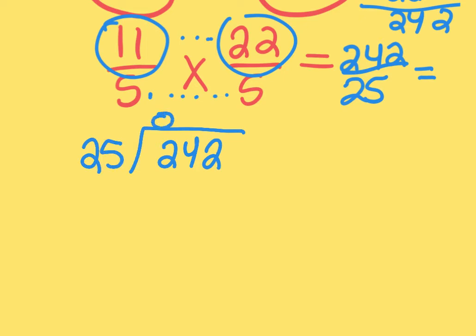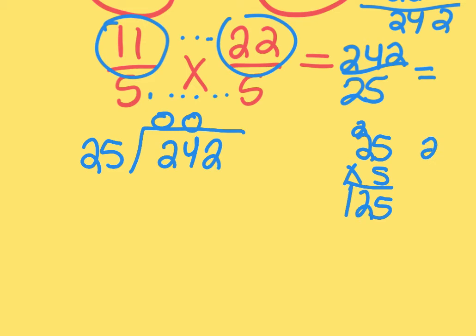I know that 25 won't go into 2. I know that 25 won't go into 24. So I've taught you, if you don't have a clue what to do, start with 5. I know that 25 times 5 is 125, so I'm just going to jump up to 9 to see if it's closer. 45, carry your 4, give me 225.